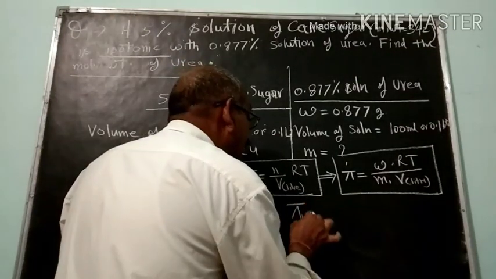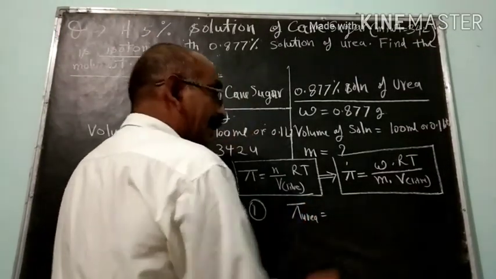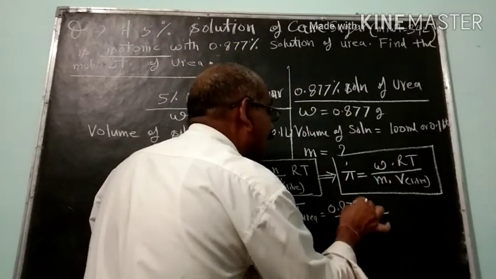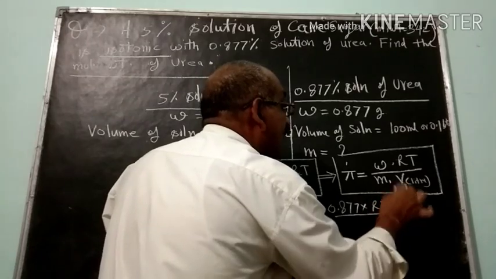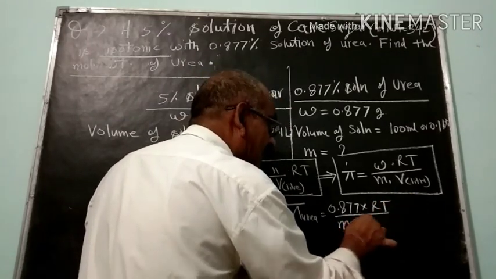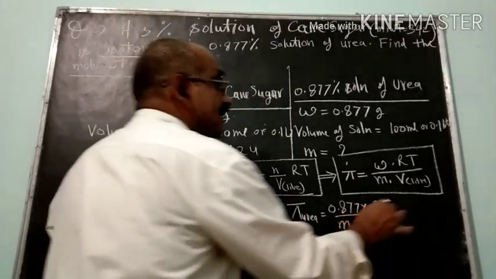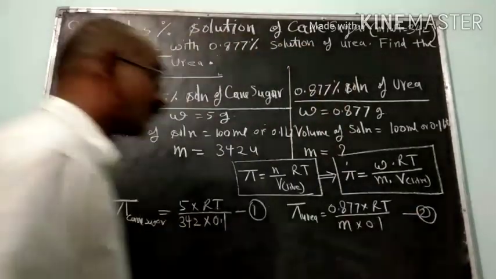And pi urea is 0.877 into RT over M into 0.1, where M is the molecular mass to be calculated. This is equation number 2.